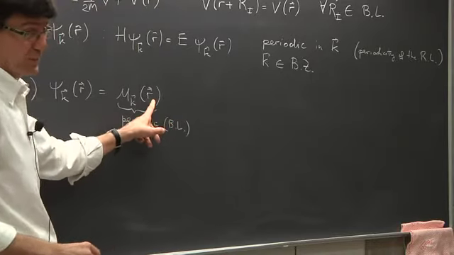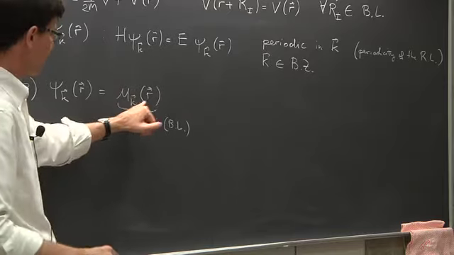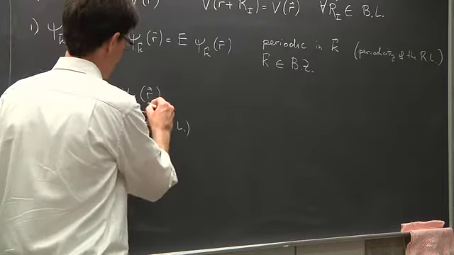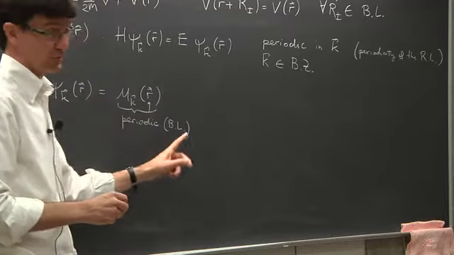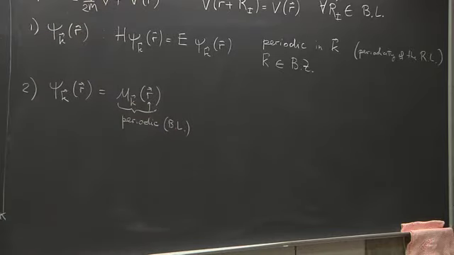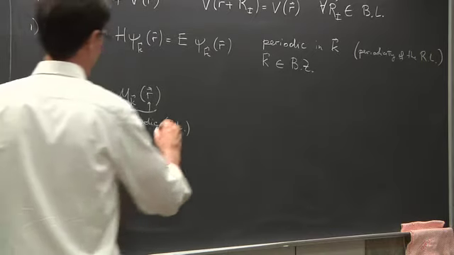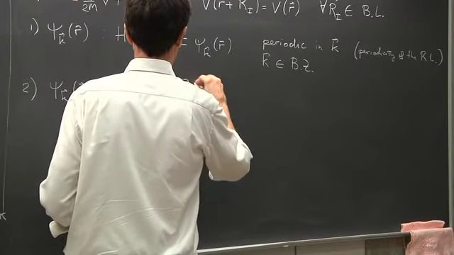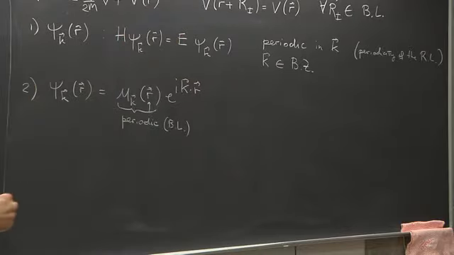As a function of r it is periodic, and it's also a function of k, but the important statement now is that as a function of r it is periodic, with the periodicity of the Bravais lattice, times a phase.